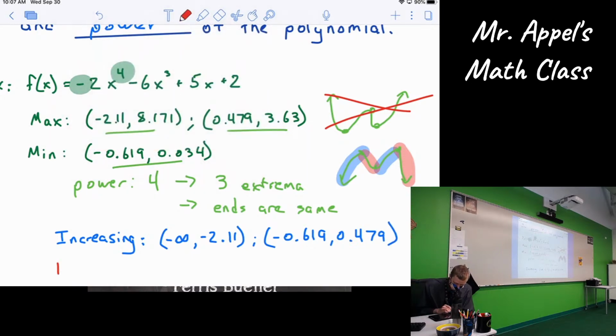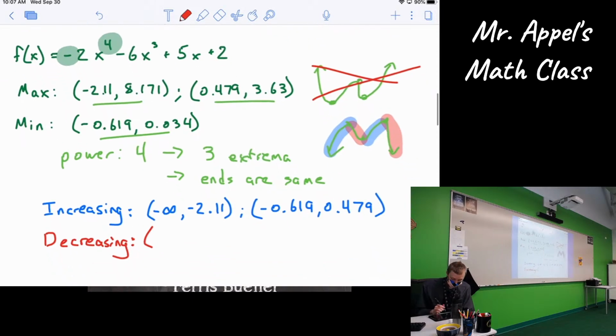And then it decreases between those same set of points. So between the first point, negative 2.11, and the second point, negative 0.619.